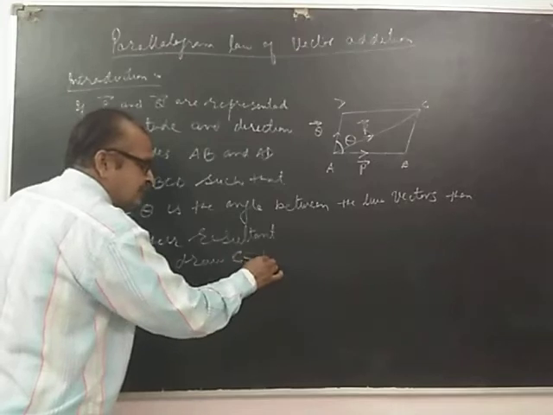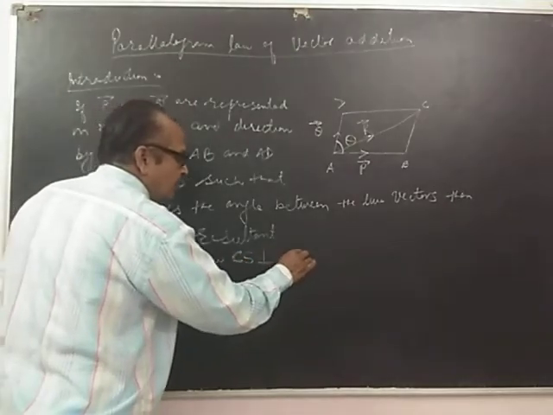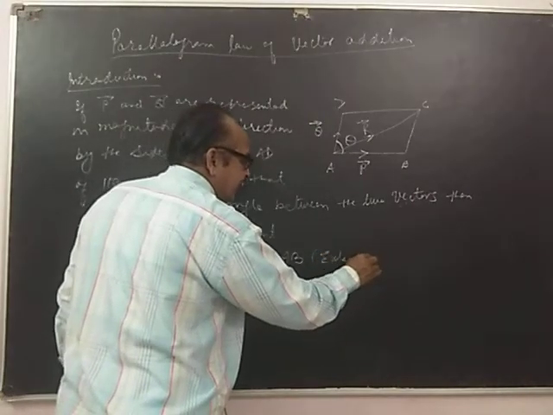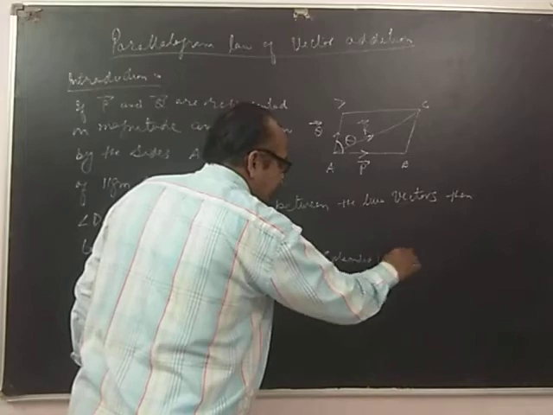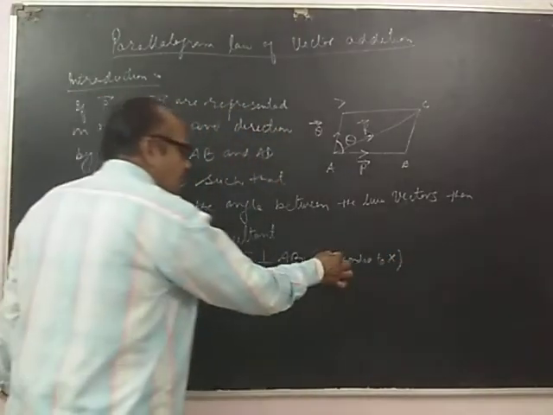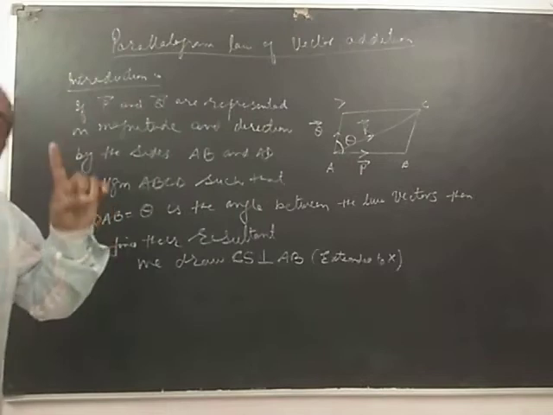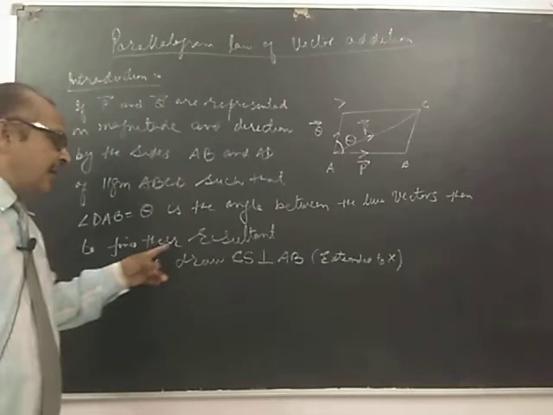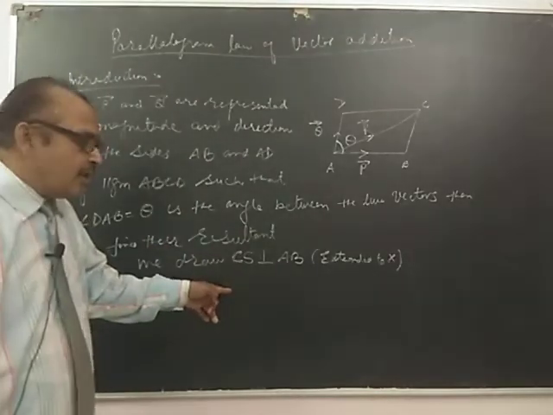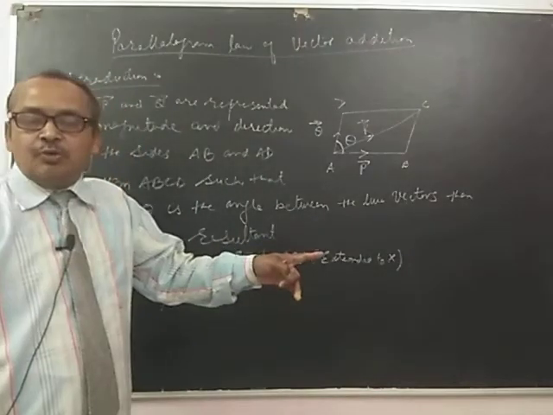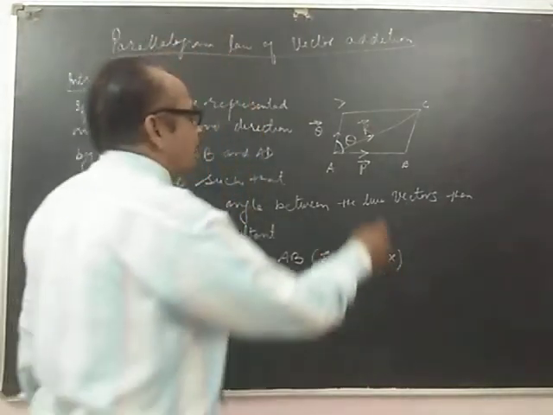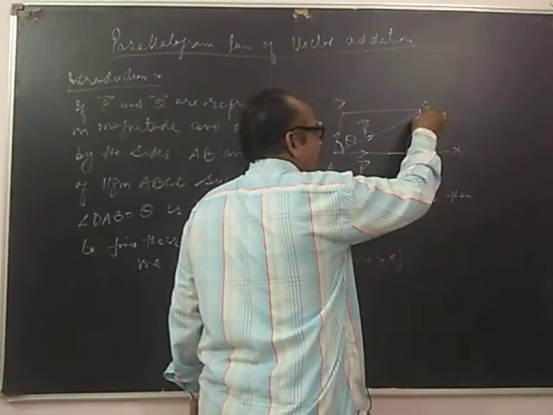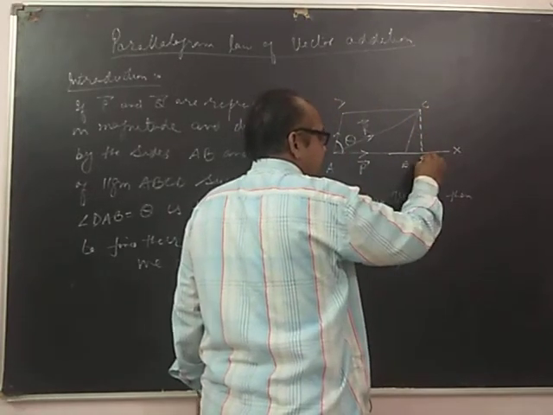We can draw CS perpendicular to AB and which is extended to X. Is it clear? We will draw a perpendicular like we have done in our triangle also. So we will draw a perpendicular CS on AB which is extended to X. That means we will extend this to X and draw a perpendicular CS.